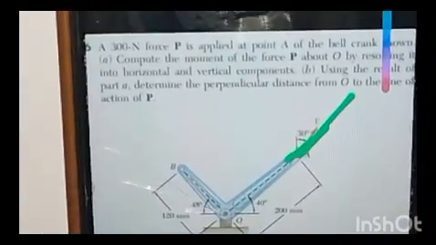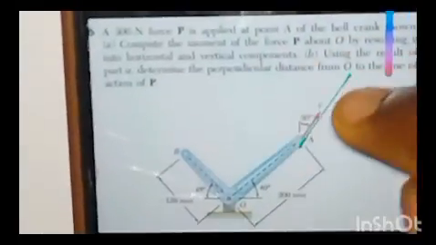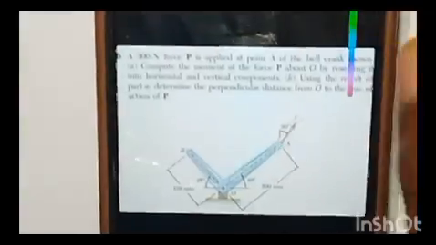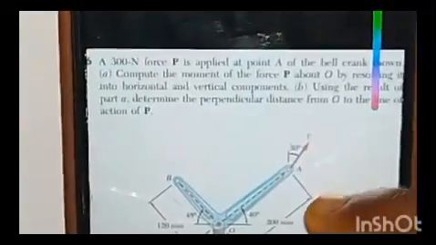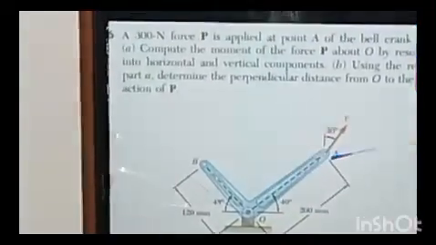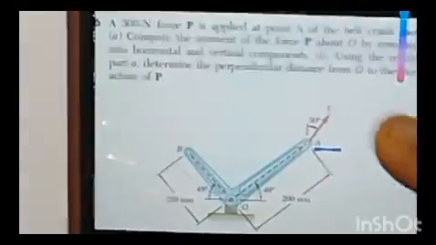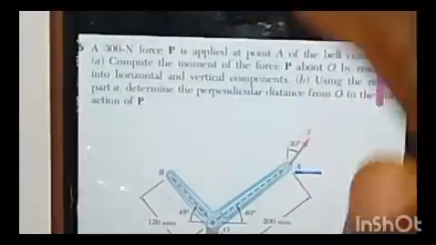Let me use a thin line. This is our force P. This particular force P is acting slantly, as you can see. So that means this particular force P will have both x and y components.